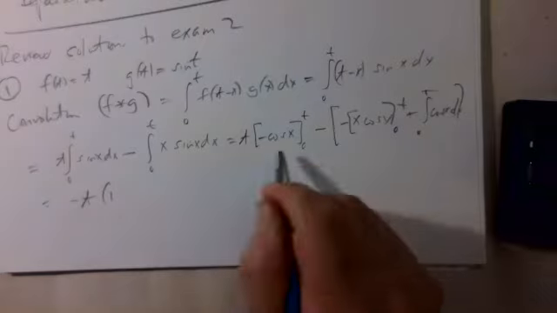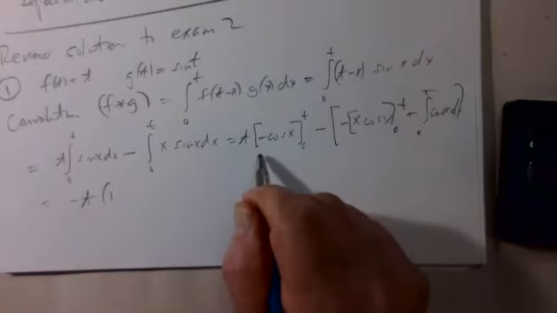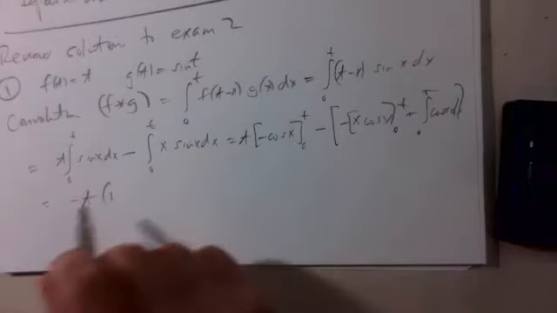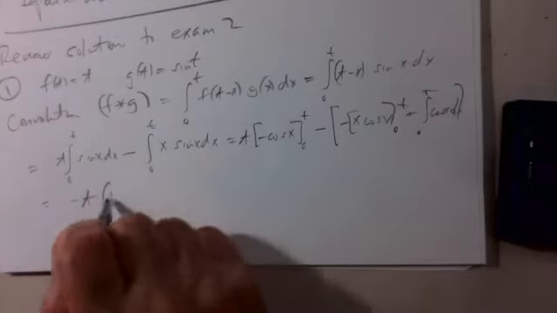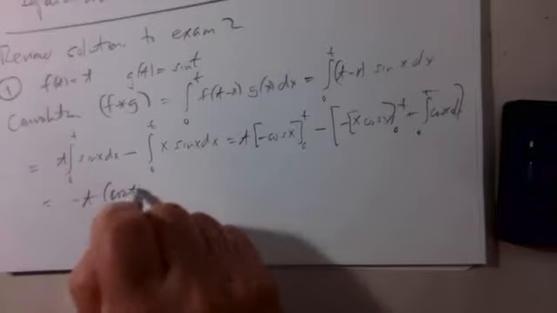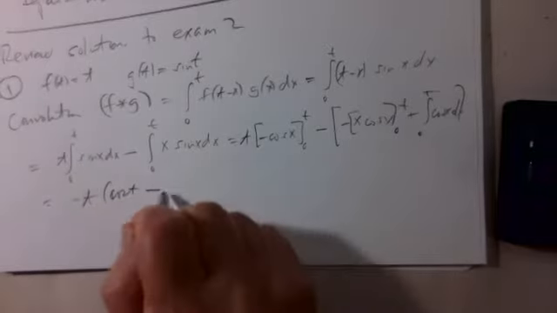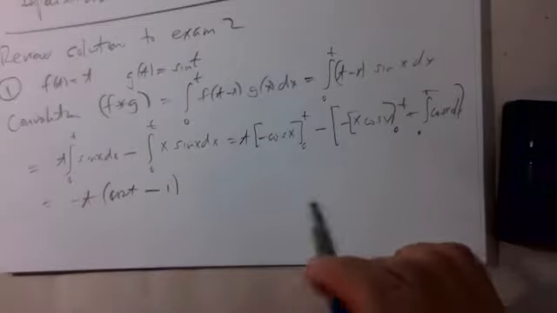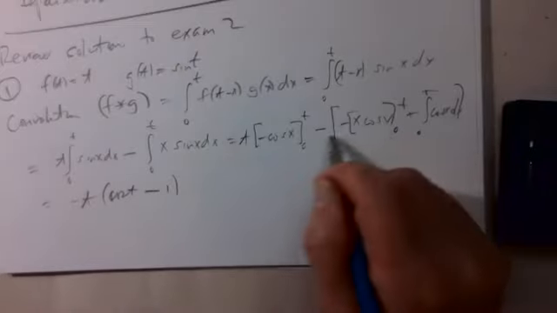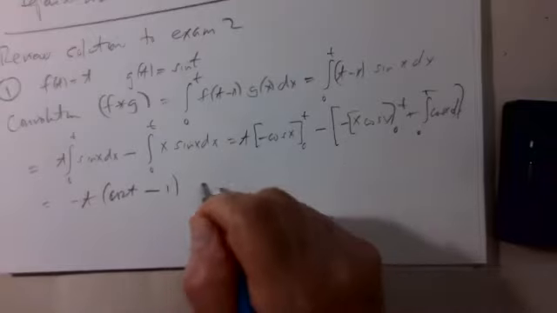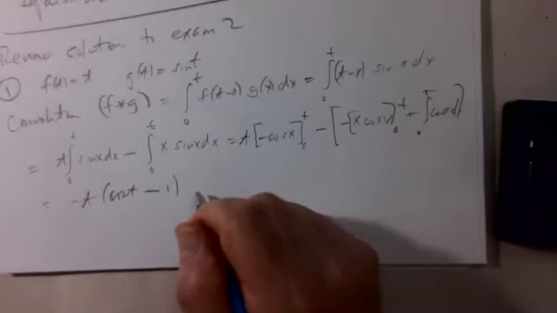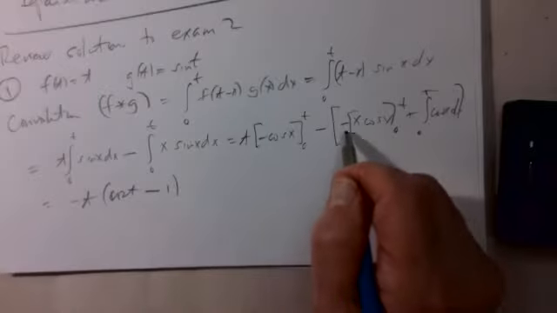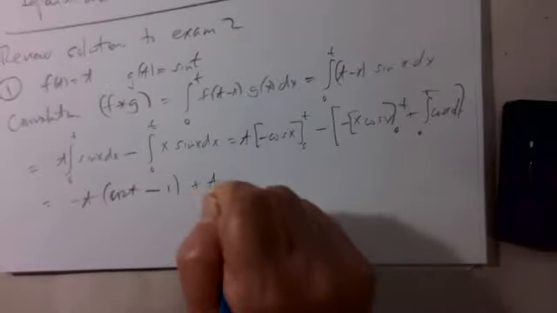Trying to find a pretty way to do this. So minus t times cosine t minus 1. When you evaluate this, this is plus t cosine t.